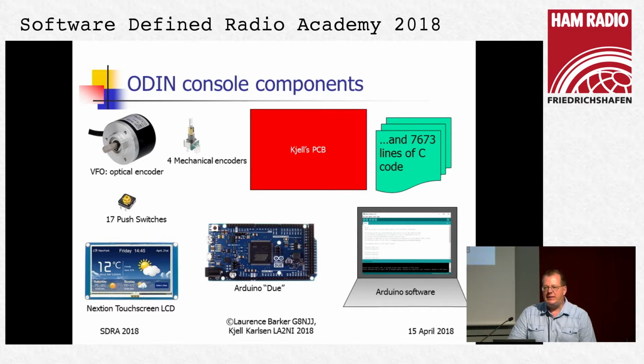I found a touchscreen display that was quite easy to work with; the brand name of the display is Nextion. And we've used the well-known Arduino family of microcontrollers, with the code in that essentially connecting all the controls and giving me the serial commands to go out to the PowerSDR program. Kjell created a PCB to put all of those things together, and I had to then write a few lines of C code to make it all work.